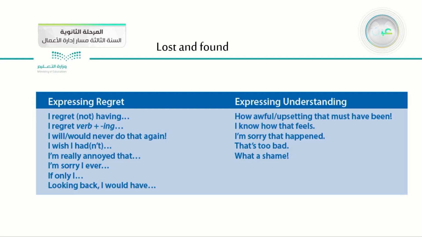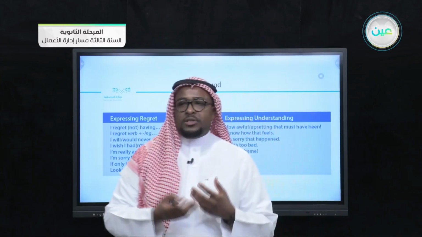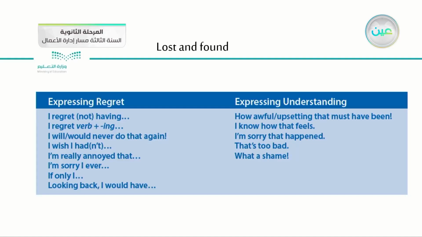And in this part, guys, we'll discuss some of the ideas or topics that we are going to cover in the next lessons. The first part is expressing regret. Of course, we use some verbs to express regret, to express certainty, to express possibility, and so on. And here we have a very important part.